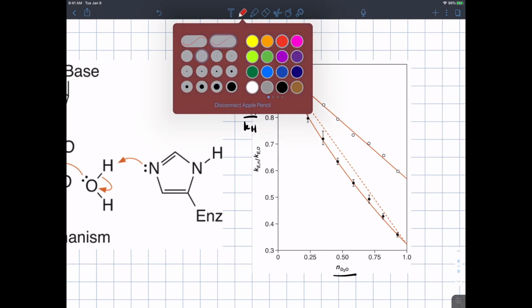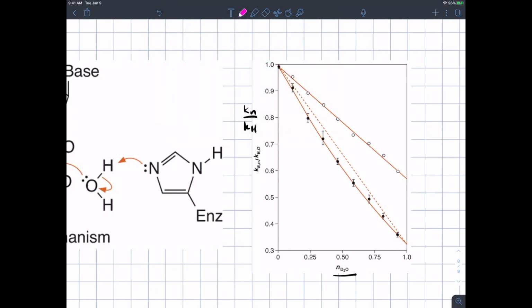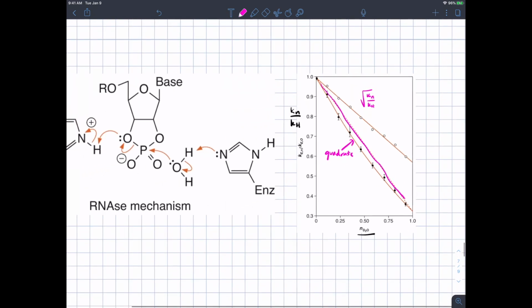The dotted line represents what you would expect for a linear relationship. Instead, you see that there's some curvature, so if you fit the data, this is a quadratic relationship. In fact, the open circles are the square root of Kn over Kh, which shows that it versus n is linear. So this is clear and convincing evidence of a quadratic relationship.